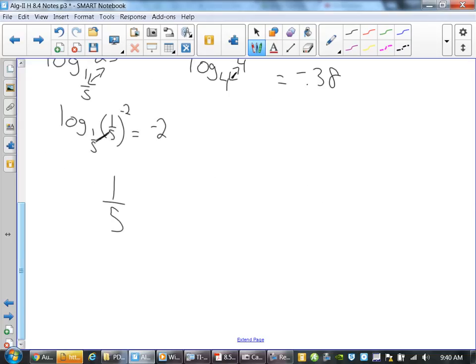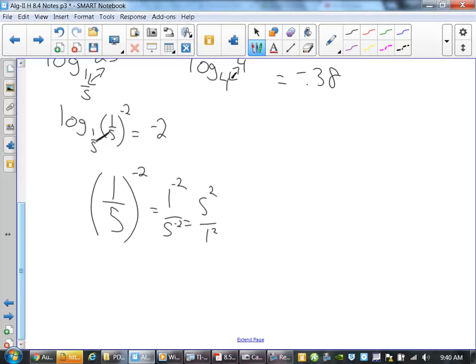If I take 1/5 and put it to the negative 2, that means this fraction is unhappy. It means it's 1 to the negative 2 over 5 to the negative 2, which means it's 5 squared over 1 squared. That negative exponent allows me to flip fractions without too much of a hassle. Does that seem a little bit clearer then?